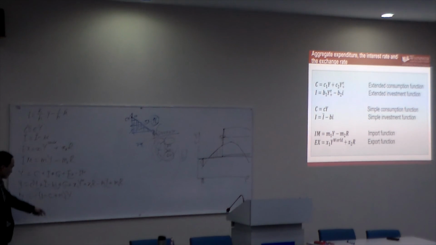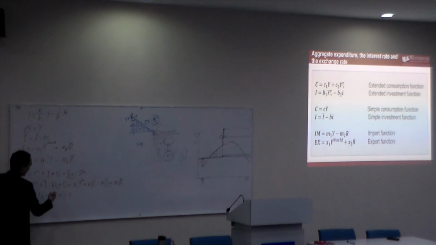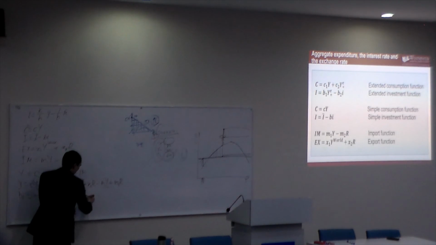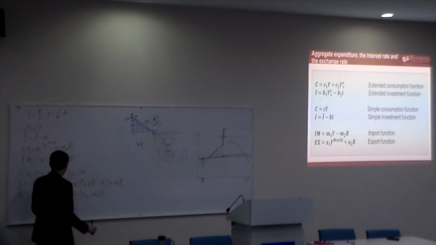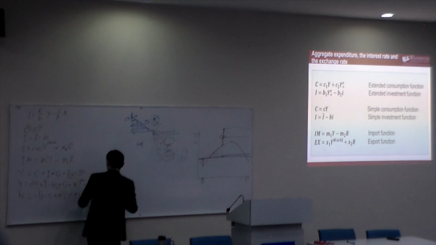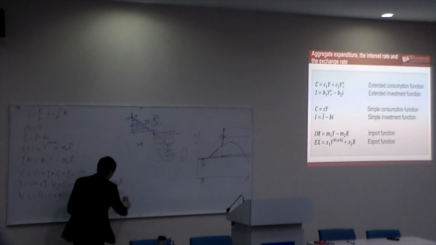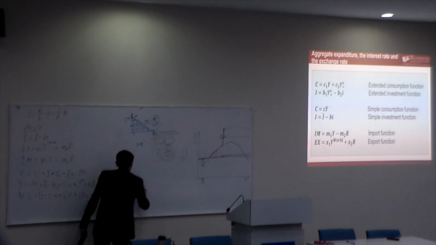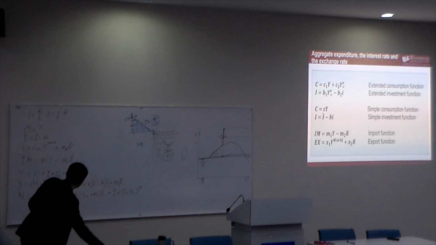It is going to be equal to this one minus X2 plus M2 times the real exchange rate, plus autonomous investment, plus government expenditure, plus X1 times world output. Right?